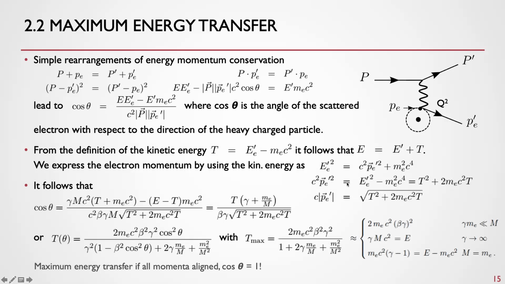Inserting this equation into cosine theta, it is two manipulations that I would like to have done with my pen and show to you in detail. But all you do is now CPE prime and the definition of T are inserted in the expression for cosine theta. There are 4 terms appearing in the numerator.